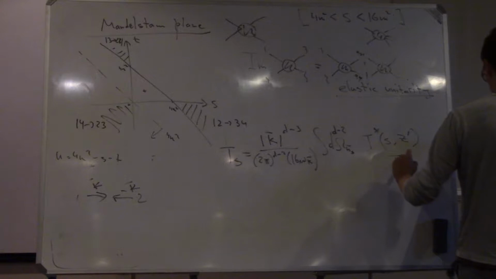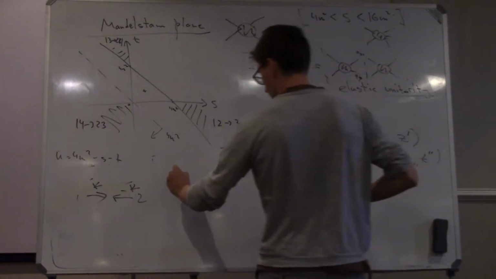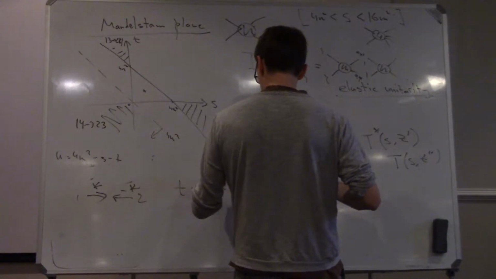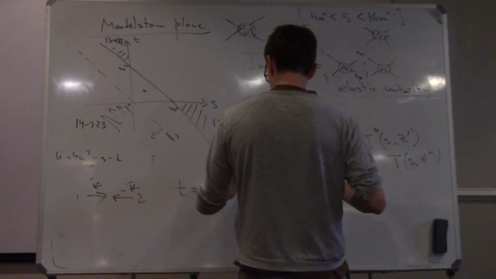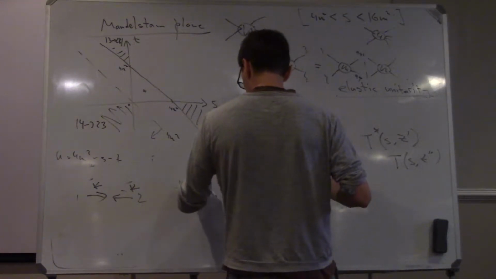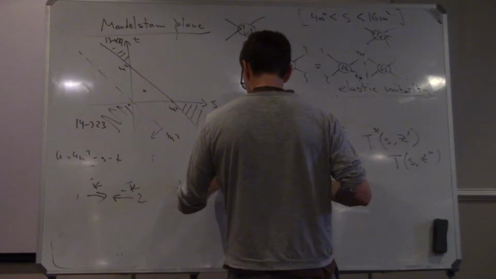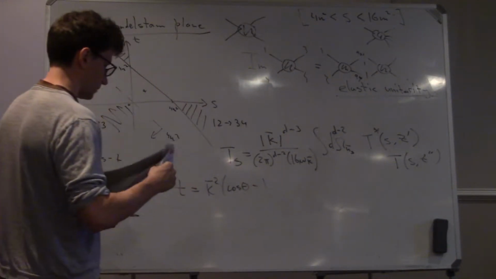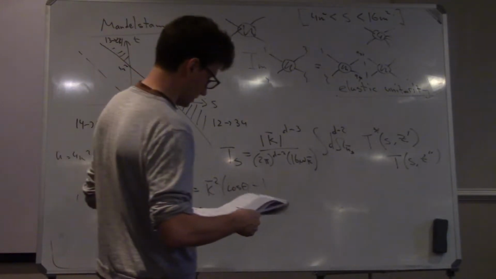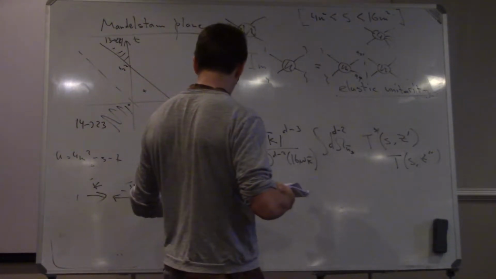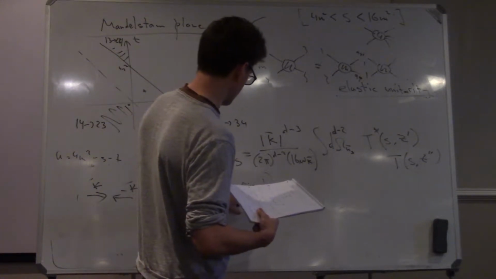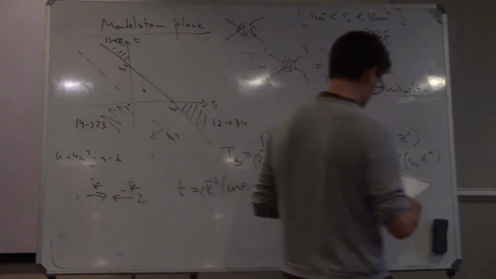So recall that the t variable was related to minus k squared, k squared cosine theta minus 1. Let me introduce variables now. I will introduce instead of cosine this variable z.